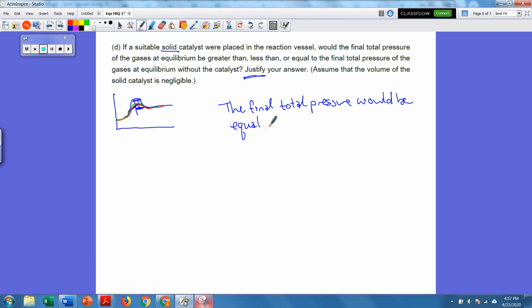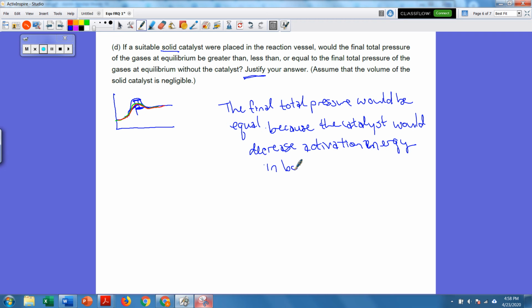Would be equal because the catalyst would decrease activation energy in both directions. Or you can, and there's a lot of ways you can word this. This is just an example. Leaving Kp unchanged.